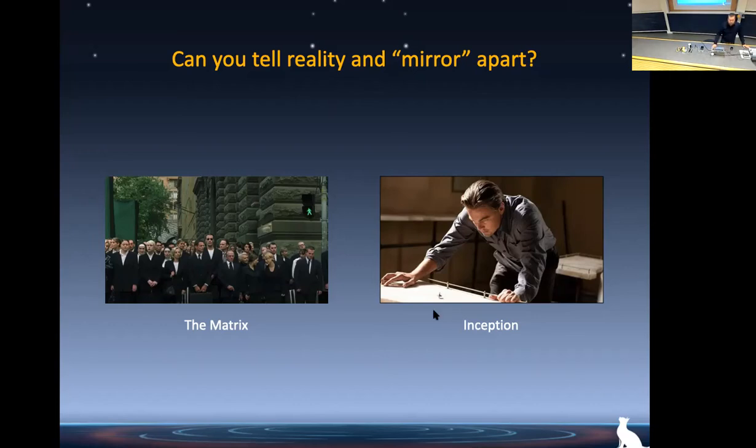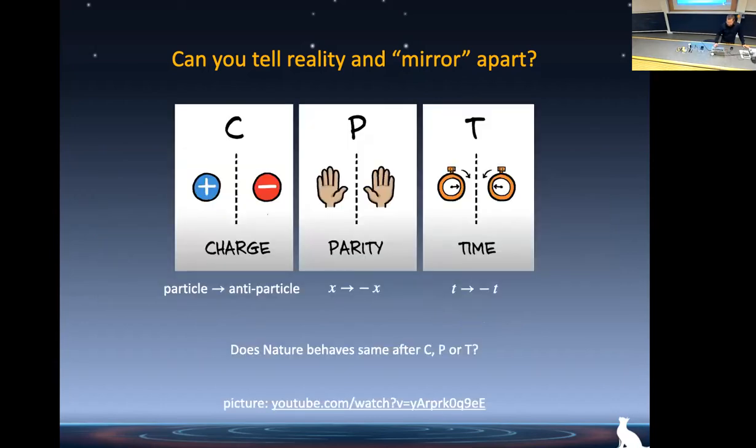Okay, what does this have to do with physics? I didn't tell you that in nature we have three fundamental discrete symmetries. One is charge conjugation, which swaps particles with antiparticles. So, like in a snap, ideally, it swaps electrons with anti-electrons, quarks with anti-quarks, photons with themselves because they're their own antiparticles, and so on.